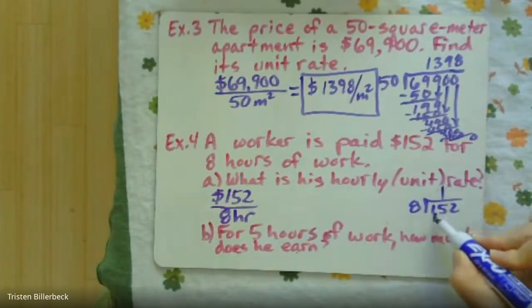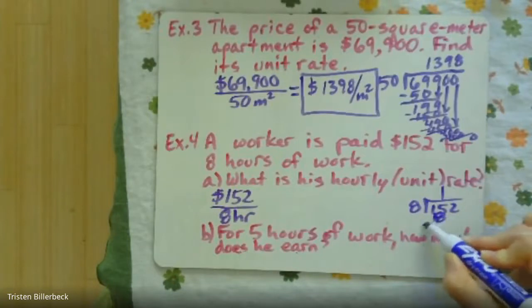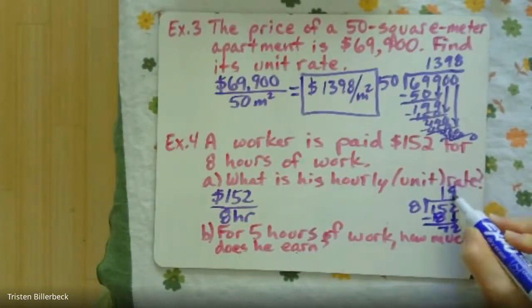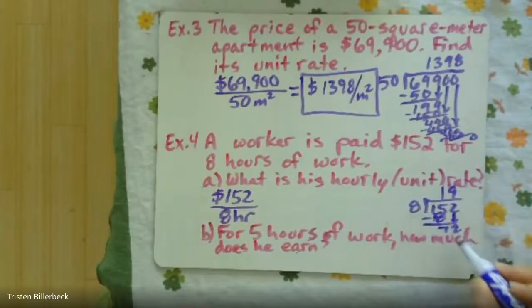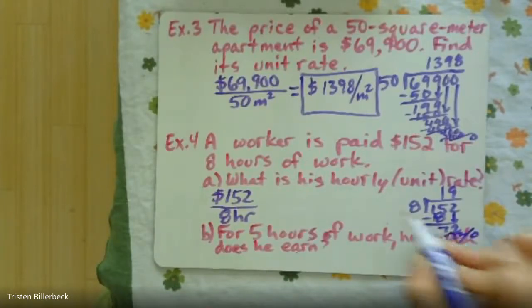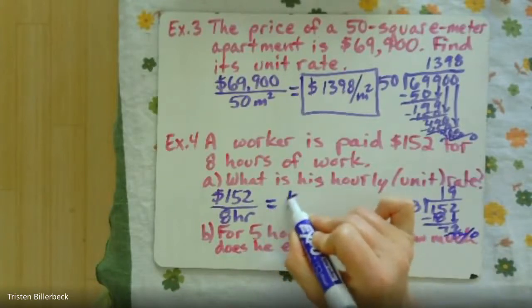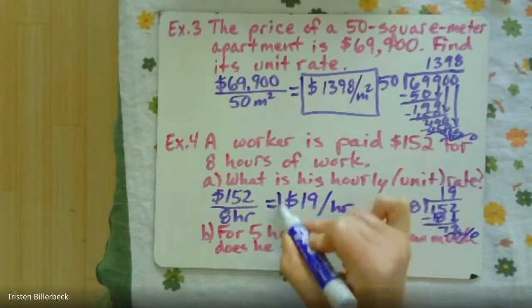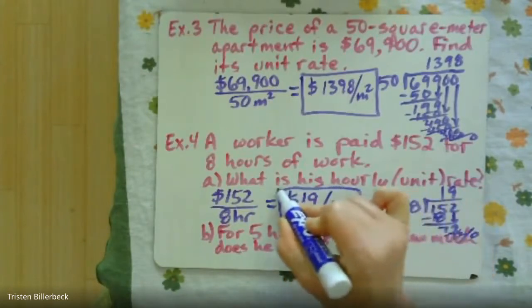That's 1, and we have 8, subtract, so 72. There's 9 in that, so that's 72, and we've got it. So this equals $19 per hour. That would be the unit rate.